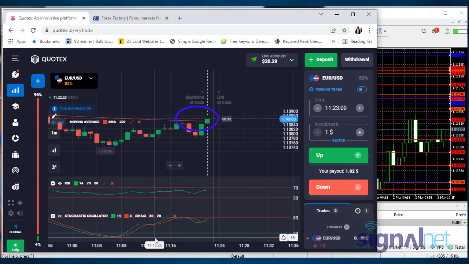So on the 1 minute right now, you can see that it's just bridging the simple moving average 200. The simple moving average 200 usually gives you an average direction of price for a period of time.